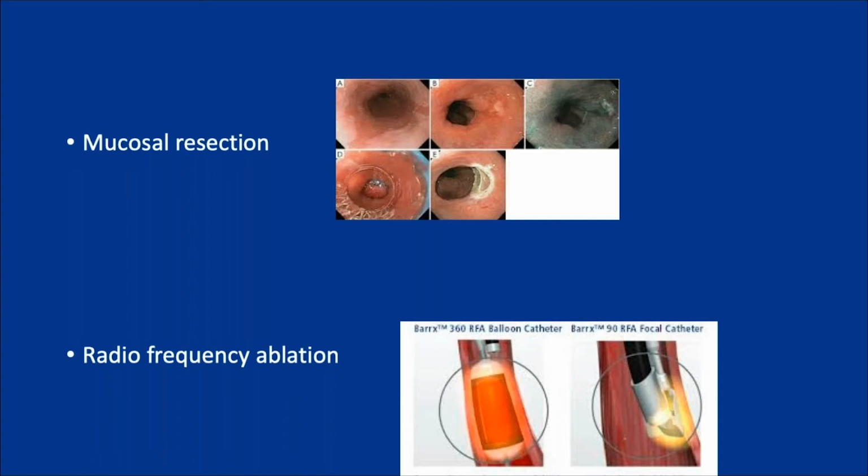Radiofrequency ablation is a burning of the area. You can see it down below here. And it is an alternative way of taking care of a diffuse area that has a dysplasia, as we mentioned before.